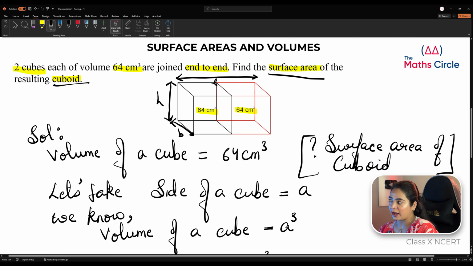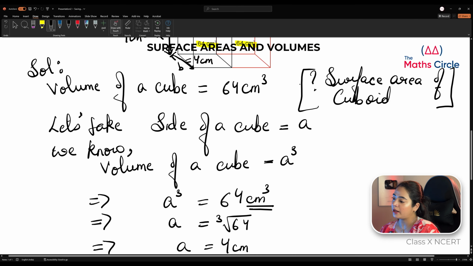If we observe it carefully, we know that this height is equal to the edge of the cube, which will be 4 centimeter. Similarly, breadth will be 4 centimeter, but length is made up with two edges of the cube. So length becomes 4 plus 4, which will be 8 centimeter.